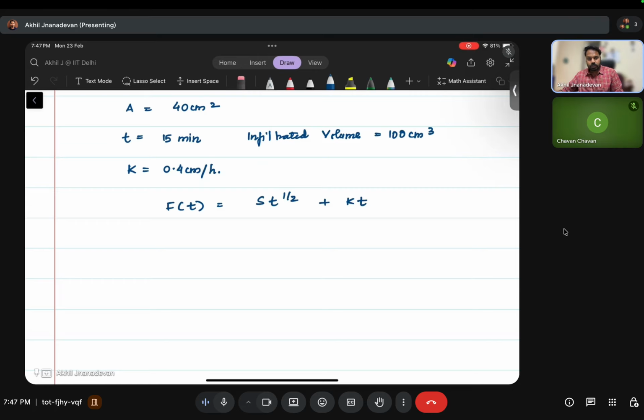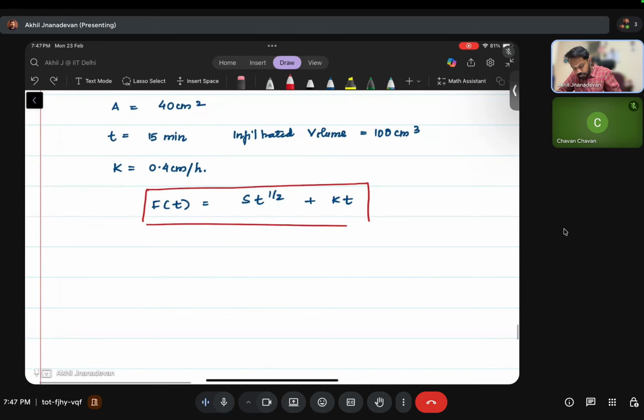All the terminologies we saw: K is the hydraulic conductivity, and S is the sorptivity, which is a function of soil suction and so on. When this equation is applied for a horizontal column, there will be only the suction term. The suction pressure will be there; the gravity term will vanish. So this is the equation for a vertical soil column.